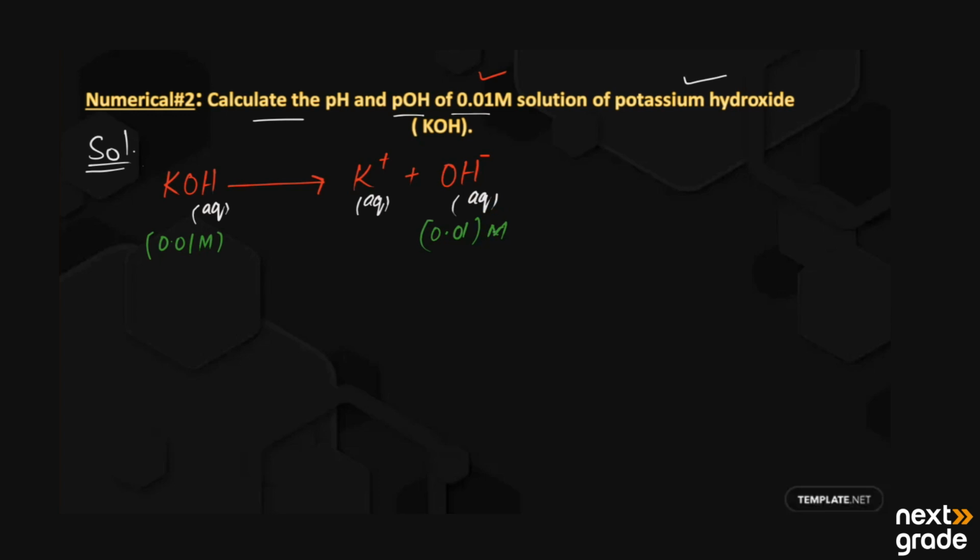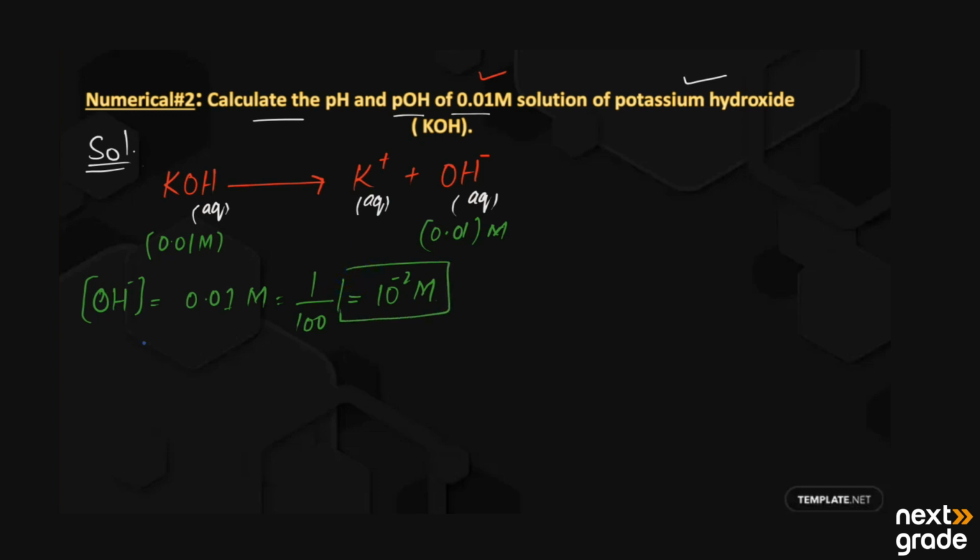We need to find the solution now. The hydroxide ion concentration is 0.01 molar, so 1 divided by 100 gives 10 raised to power minus 2 molar. This is the concentration of hydroxide ions.